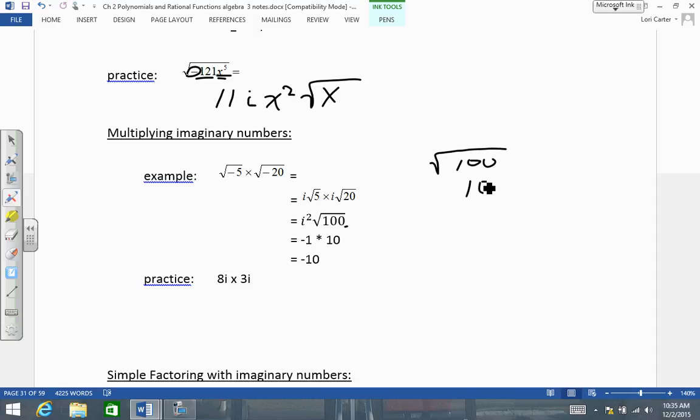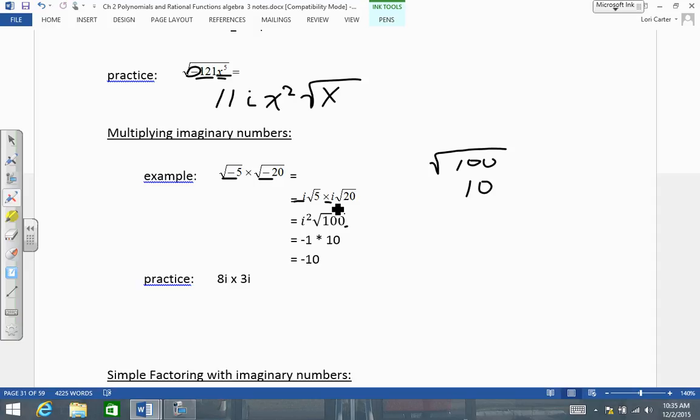So you're wrong. To do this, your first step is to always take out the imaginary parts and then do what you've done before. So we take out the i from the negatives. I don't even care about the numbers right now. So I got i square root of 5, i square root of 20. Now you multiply the numbers, you multiply the i's.